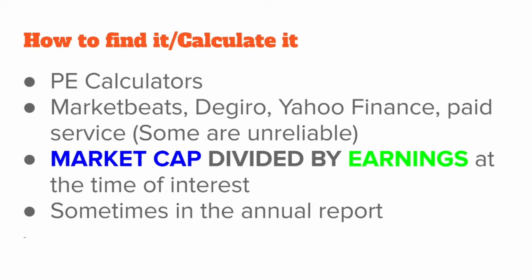However, I do want to give a massive caveat here, especially if you're not using paid services: these can be extremely unreliable at times, and they might often be outdated, so they're not very accurate at the current time. I actually use the one at DeGiro, but only sparingly. I only glance at it to see, okay, what is DeGiro saying right now?